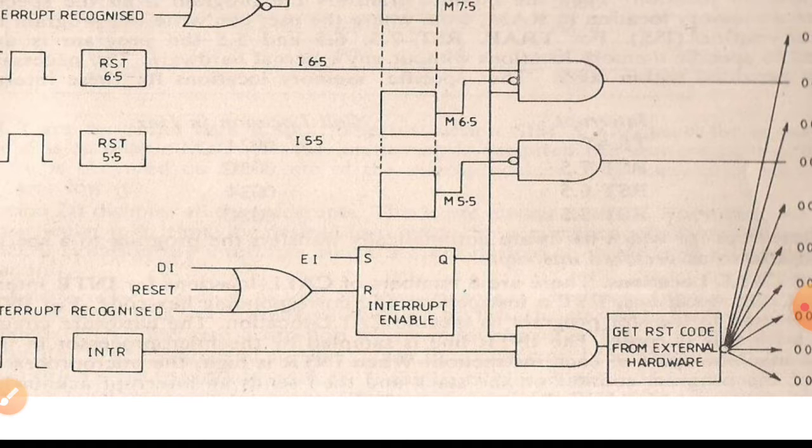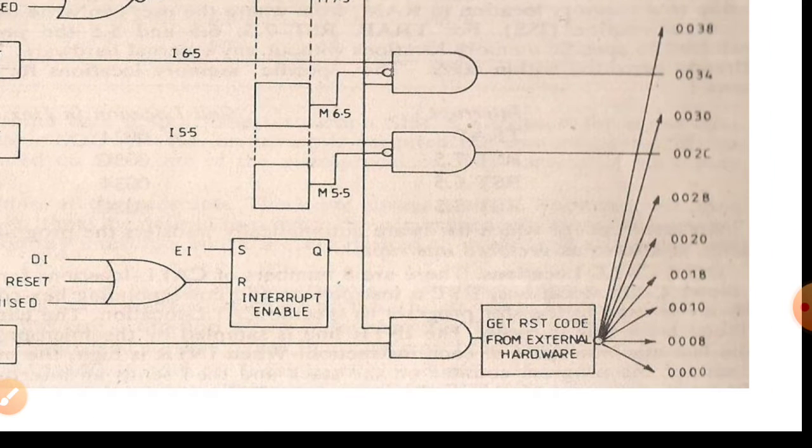instructions, because whenever any device interrupts through the INTR line, it still needs an RST code, and we have already gone through this in the subroutine. Whenever we were discussing subroutines, we also told you that there are 8 RST instructions. RST stands for restart instruction, and these RST codes have different call addresses.